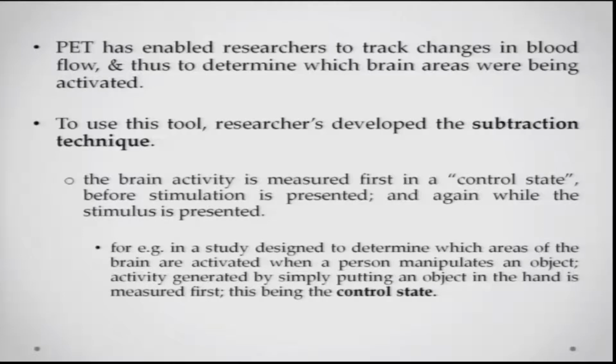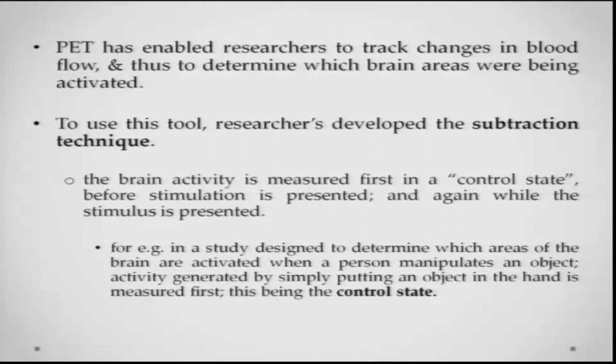Let me take an example of a particular study to illustrate what a subtraction technique is. There was a study designed to determine which areas of the brain are activated when a person manipulates a particular object. They first measured the activity generated by simply putting the object in the person's hand.